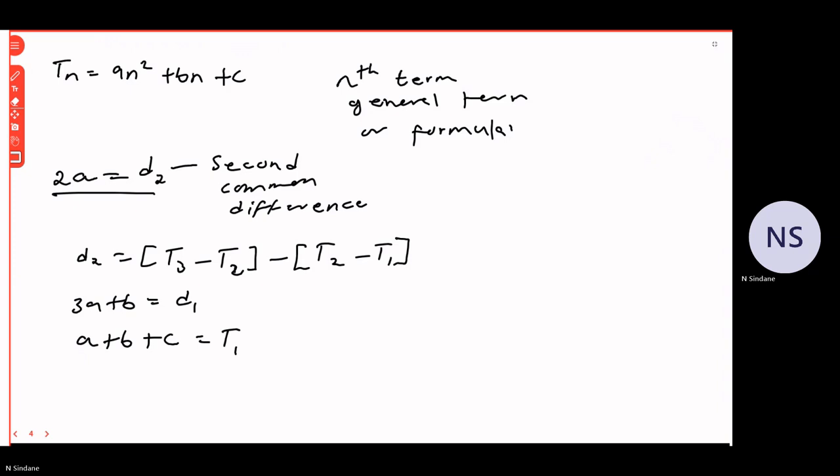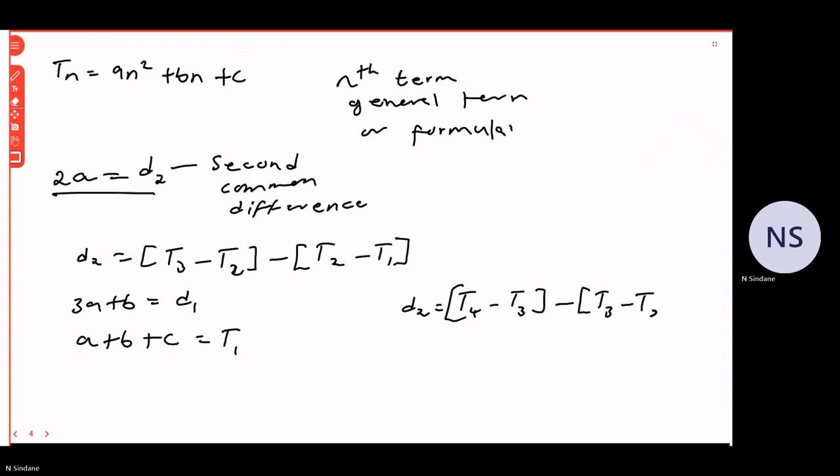And again, we can say d2 is equal to (t4 minus t3) minus (t3 minus t2). Then we can see that the two d2 values are equal.